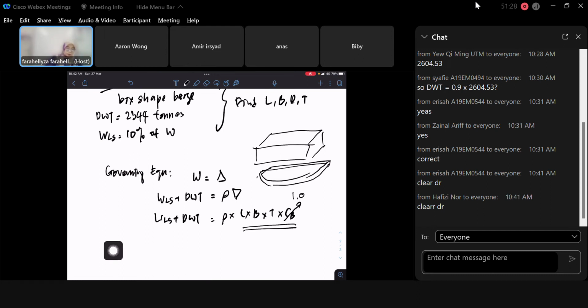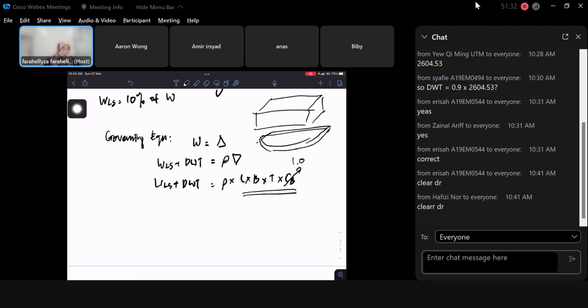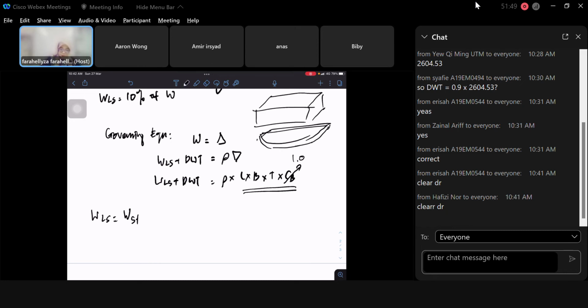Okay, so coming back to this one, like I said, WLS, maybe we can have this a little bit. So WLS is weight of hull. Basically, weight of hull here is weight of steel. Yeah, maybe I can put it as weight steel, and then plus.